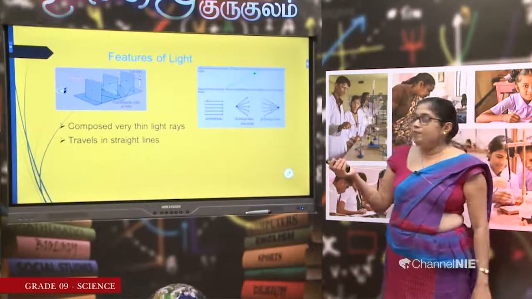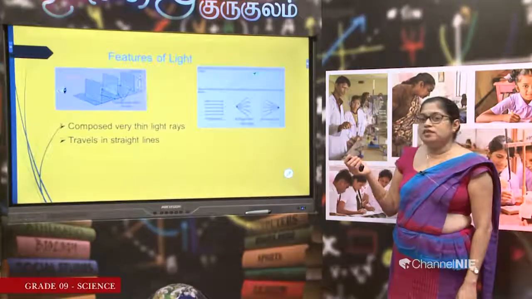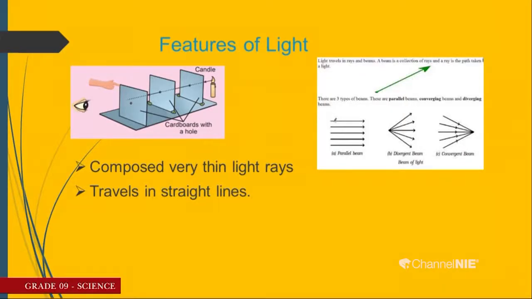Here you have a picture of an activity done by a student in your grade. In this activity, they used 3 cardboards with holes in them. In this picture you can see they kept these cardboards in a line. On the other side of the cardboards you can see a lighted candle.